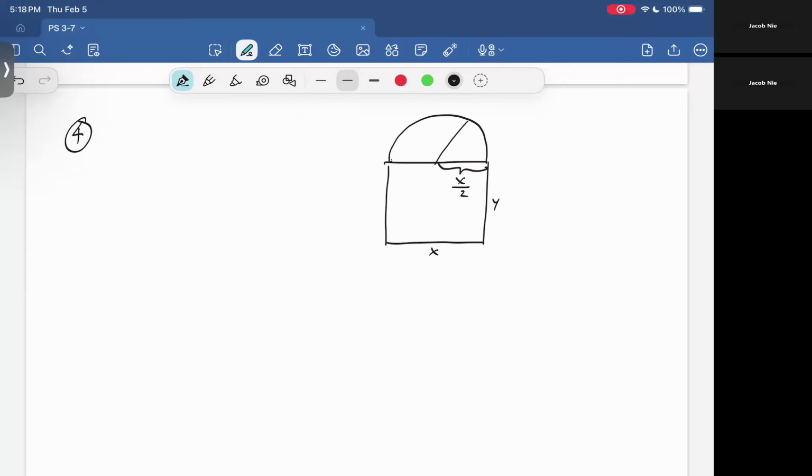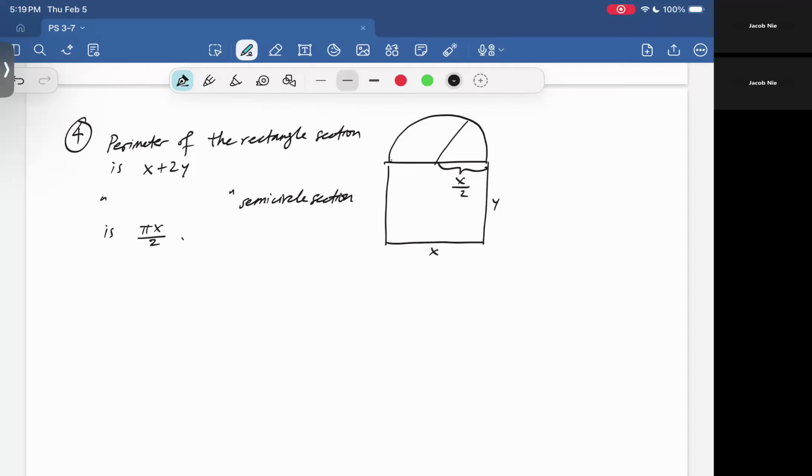Okay, so what is the total perimeter? Well, the perimeter of the rectangle section is x plus 2y, right? Because we have this side, and this side, x plus 2y. Now the perimeter of the semicircle section is going to be pi x over 2, right?